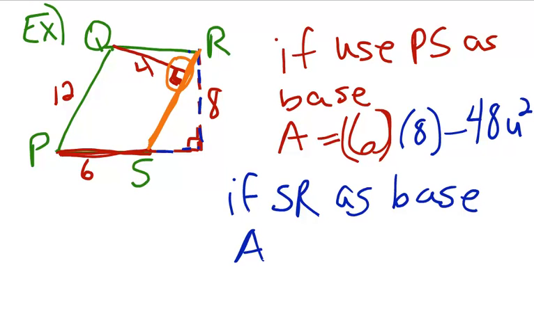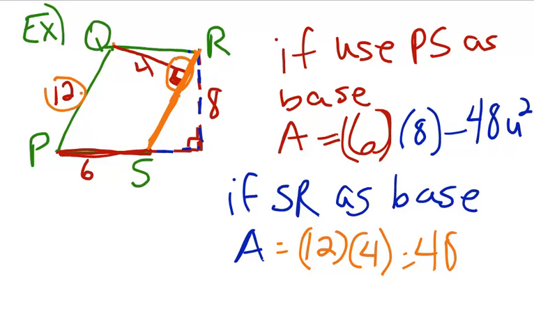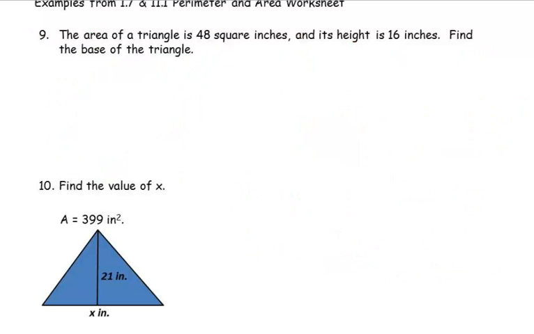SR is my base. We know parallelograms, it's going to be 12, right? Opposite sides are congruent. So SR is going to be 12 times, now I want the height. The height is the perpendicular line that goes to the opposite vertex, from the base to the opposite vertex. So that's going to be 4. And again, 12 times 4, and that's 48. Oops, 48 units squared.